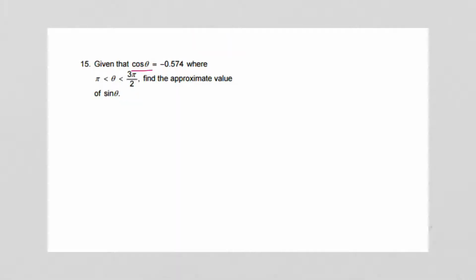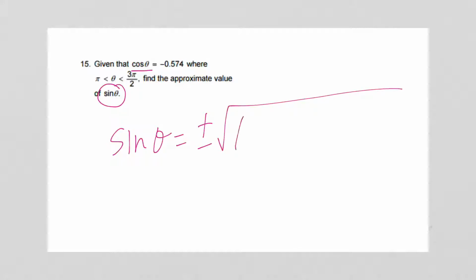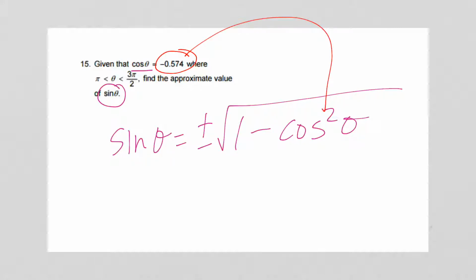Given that cosine theta is equal to negative 0.574, find the approximate value of sine. That means that I need to use a formula that says sine theta equals plus or minus the square root of 1 minus cosine squared theta. Since I know the cosine value, I'm going to replace cosine with negative 0.574.